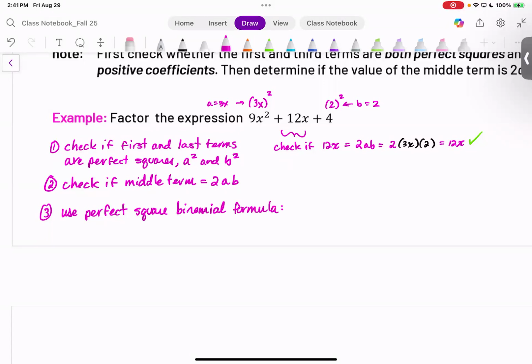That tells me, since this was addition, I have A plus B squared is equal to A squared plus 2AB plus B squared. Since that's what I have, I can go ahead and write that this is equal to A, which was 3x, plus B, which was 2.